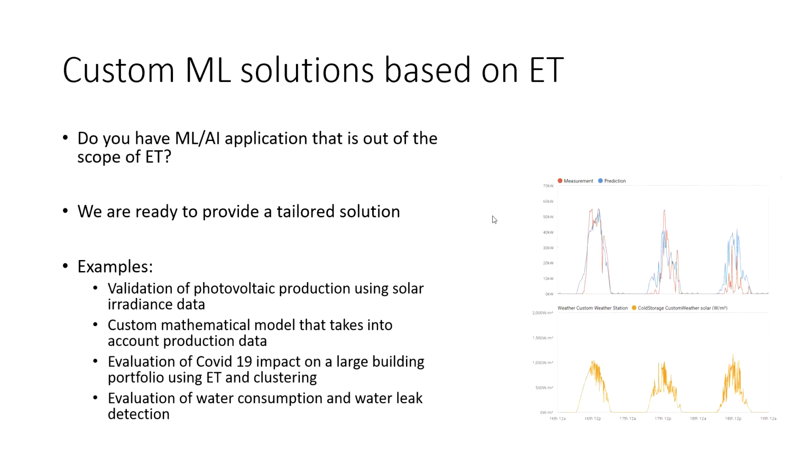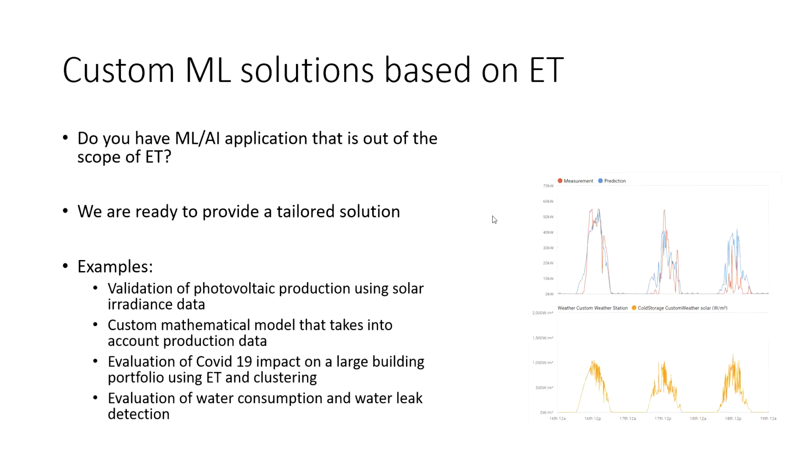We also provide some tailor-made application solutions based on machine learning and artificial intelligence. Just a few examples here. For example, we recently made some validation of photovoltaic production using solar irradiance data. This is the figure on the right side of the screen.